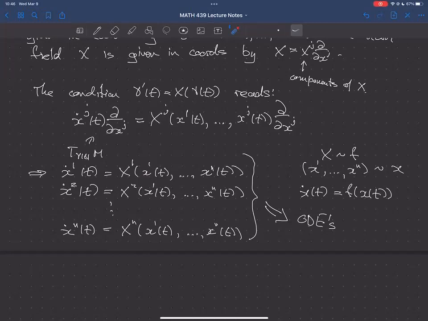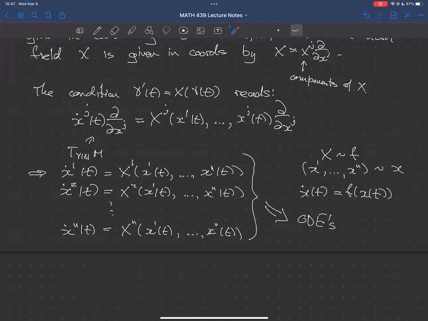Maybe in 237 you were taught that for a differential equation of this form, where f is Lipschitz, solutions exist and are unique. Even if you don't know that, I just told you. And if you don't know what Lipschitz is, continuously differentiable implies locally Lipschitz, and that's all you need. Our x's are smooth, infinitely differentiable, so certainly that satisfies the conditions for existence and uniqueness of solutions of that ordinary differential equation.